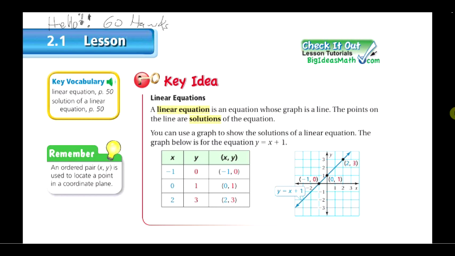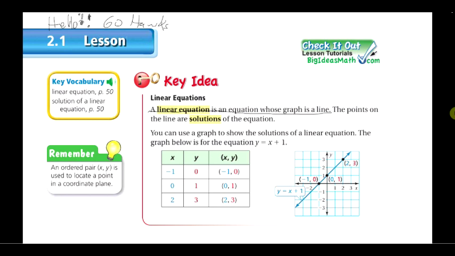What I want you to write down firstly is this definition. A linear equation is an equation whose graph is a line. And the more we see this, the more obvious I want you to know this idea. It makes a line. The second bit I want you to write about is the solutions.